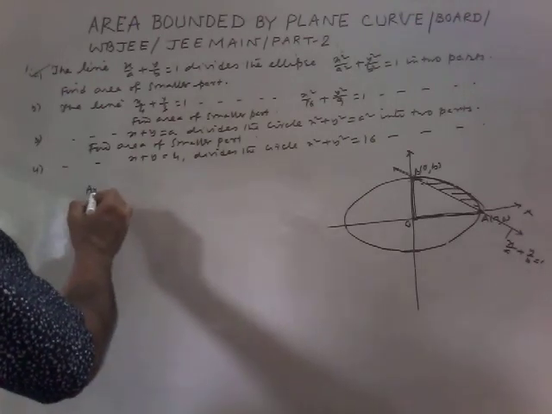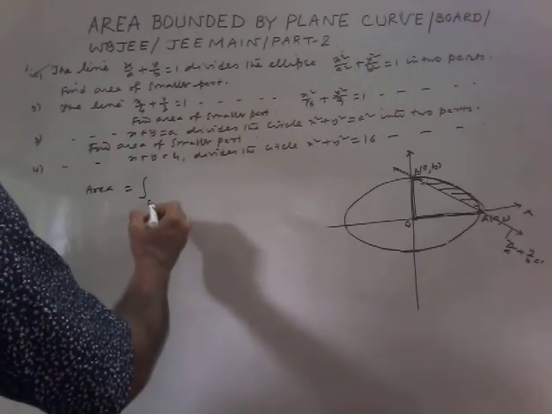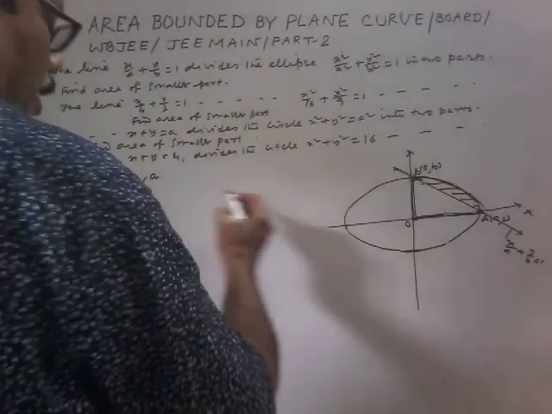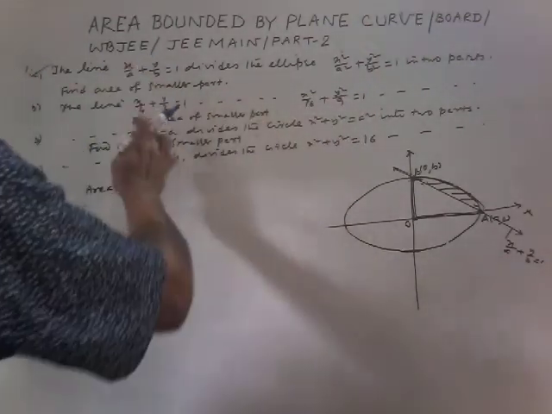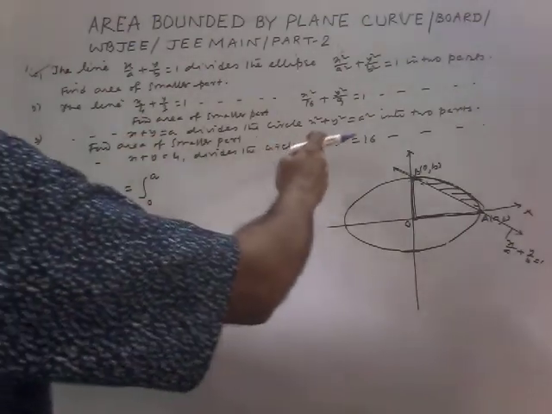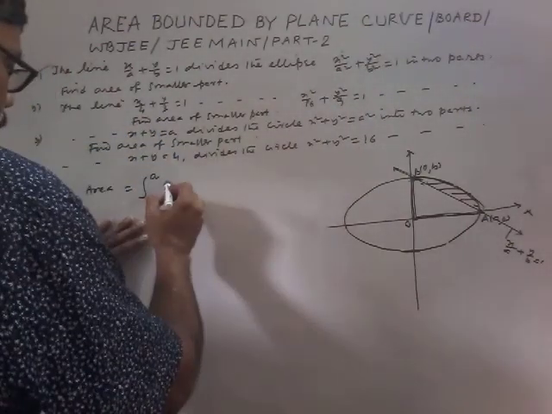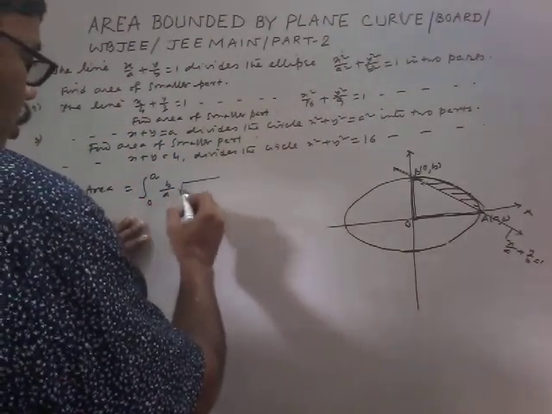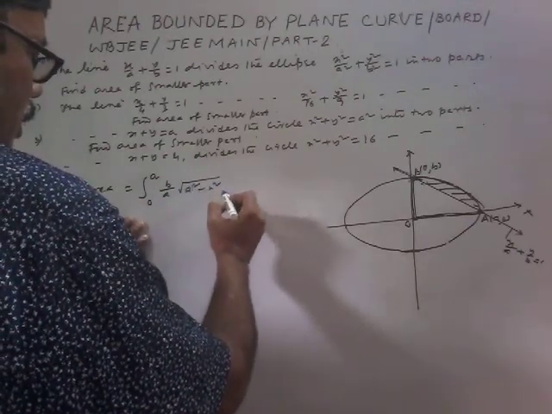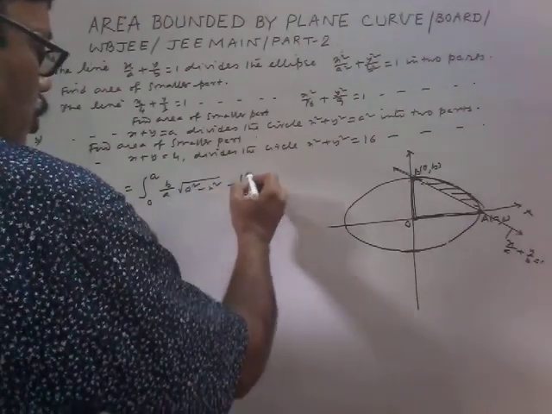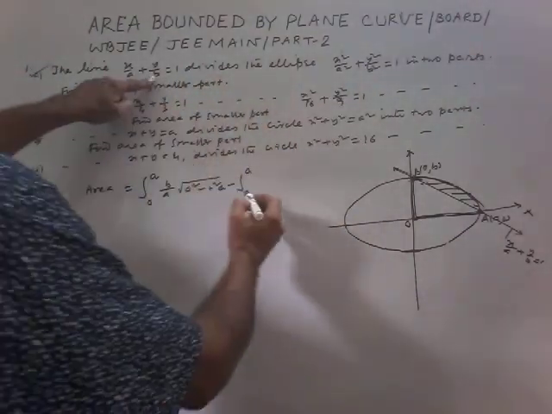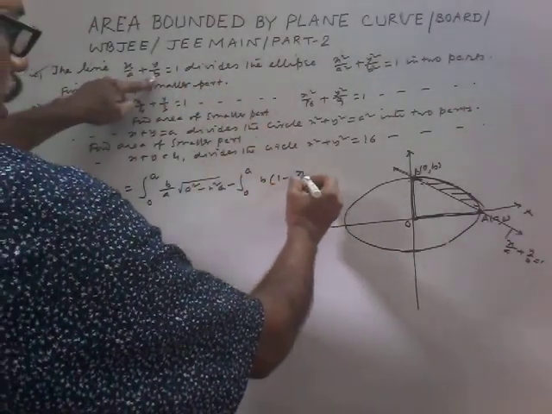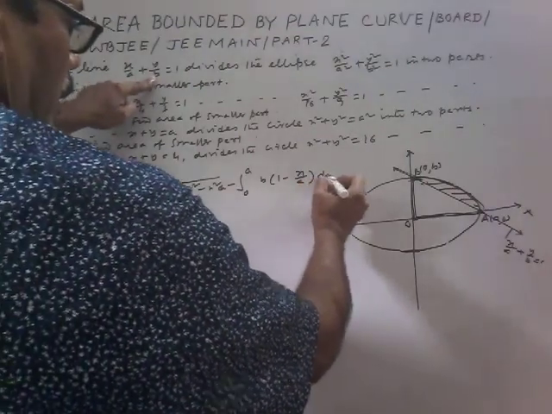So area equals 0 to a, y. What is y of this? We have already solved this problem in the case of the ellipse. y of the ellipse is b by a root over a square minus x square, minus 0 to a, y is b into 1 minus x by a.